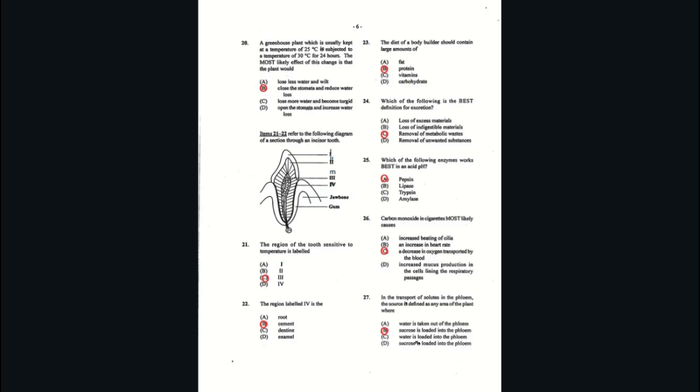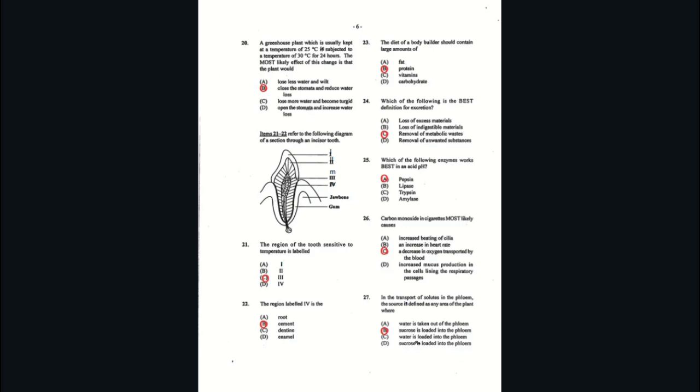Then it says, which of the following is the best definition for excretion? Right? So let's go through the options here. A says loss of excess materials. B, loss of indigestible materials. C, removal of metabolic wastes. And then D, removal of unwanted substances. So basically, this question said which of the following is the best definition for excretion, and that means that there are other options on this list that kind of make sense, but they're not precise.